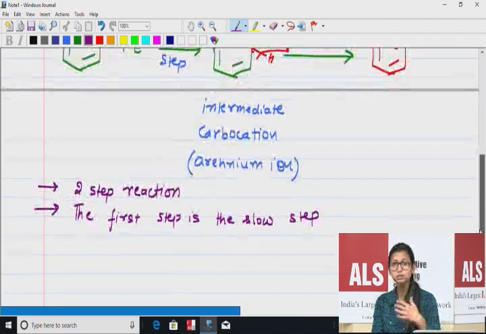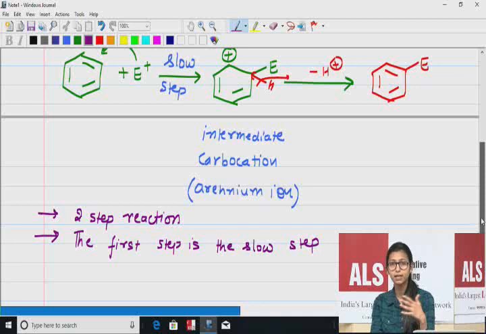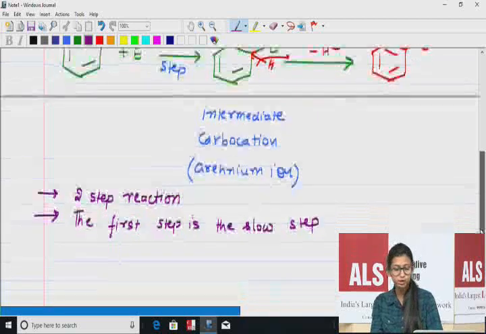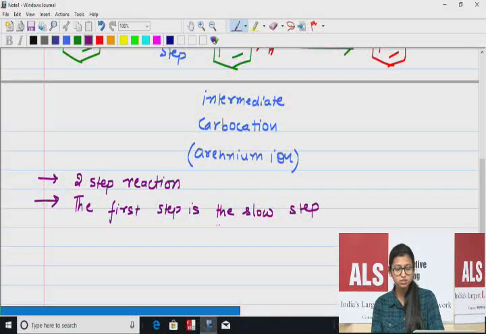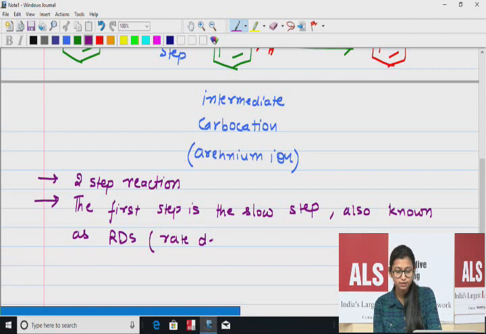It is more willing to happen over there, I'm talking about the second step. So the first step is a slow step, which is also known as RDS. You understand RDS? It is not RDX, we are not talking about bombs here. RDS is rate determining step.